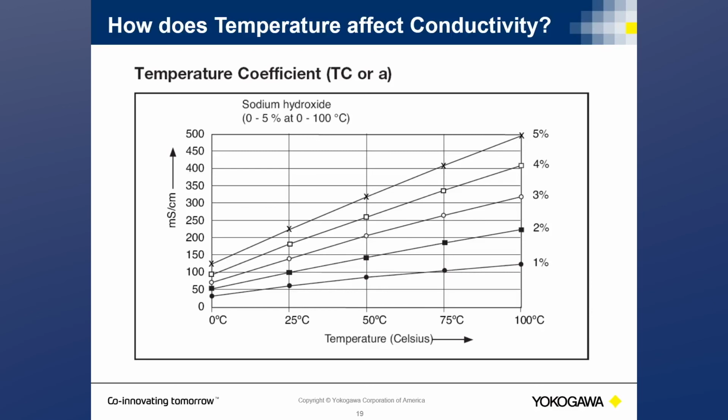So one thing that can be done to overcome this is that most processes have other RTDs in the plant already or in the line already. So we can simply not use the built-in RTD and wire an external RTD directly into the analyzer so you get an even faster response time.